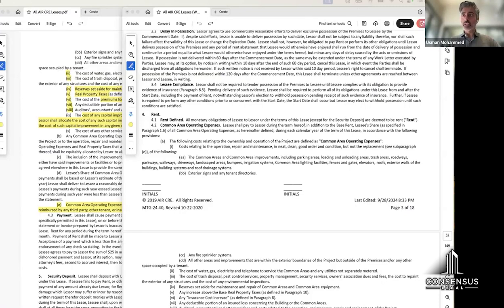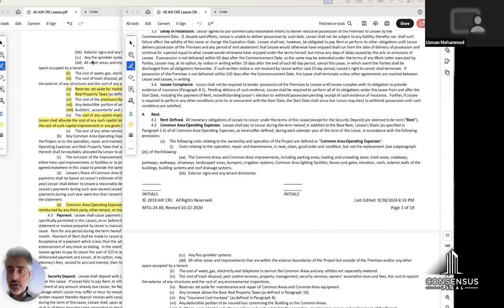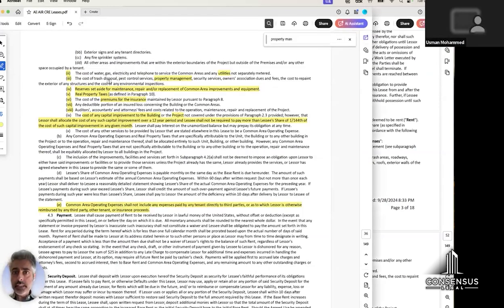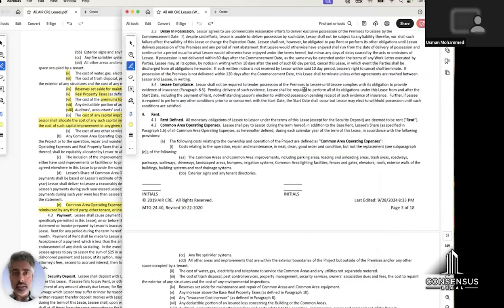Hopefully you all can see it side by side. Okay, so the net lease is here on the left, and the gross lease is on the right. I think you all should be able to see it. Oh no, is it working? Okay, I think it's working.